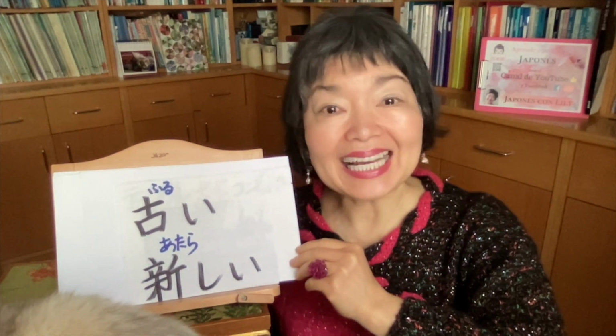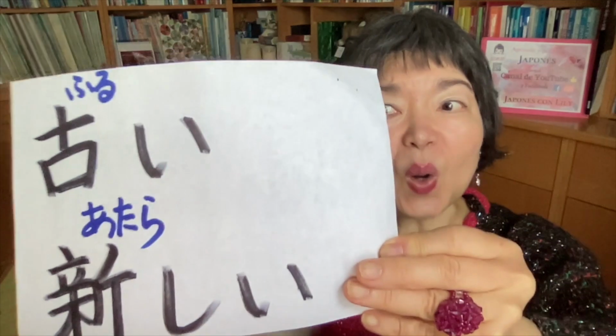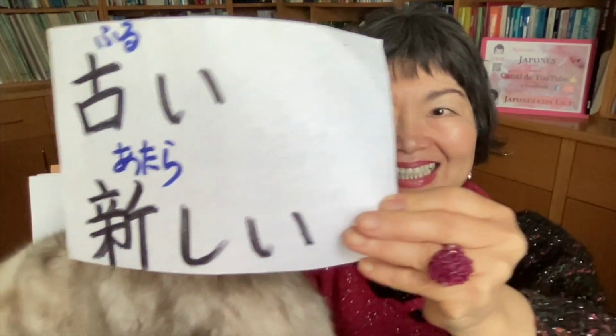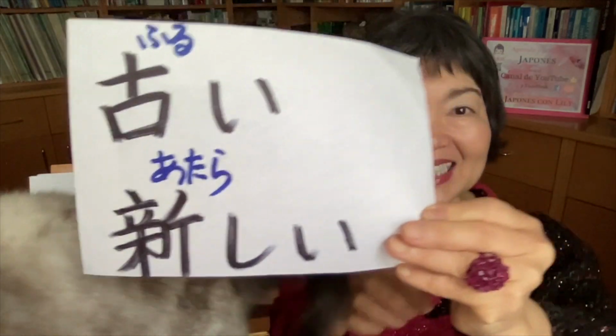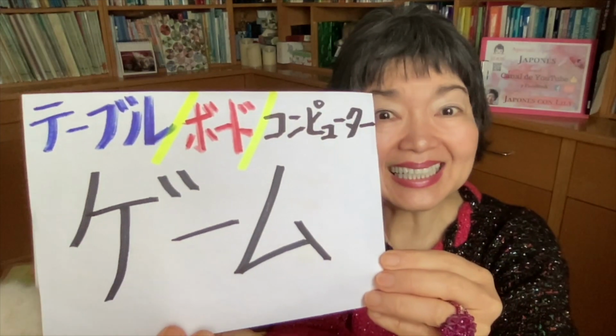Can I play with a new game? New, we say 新しい. And this is the contrary of 古い, which is old. 新しい, new. This is an い adjective. And game, we say game, just like in English.